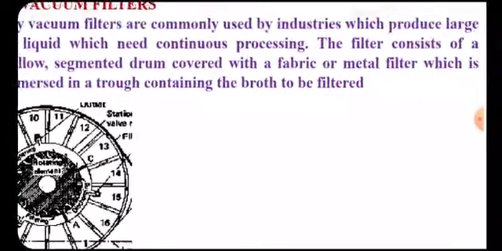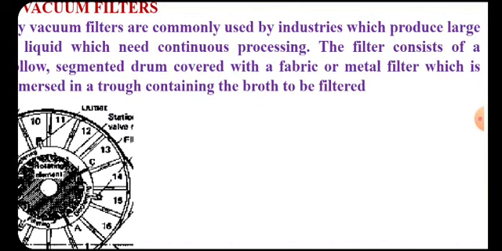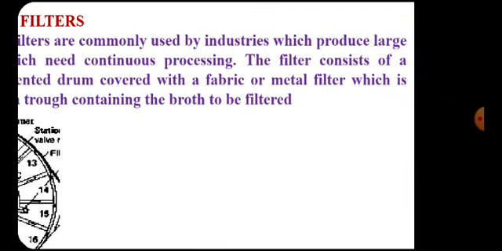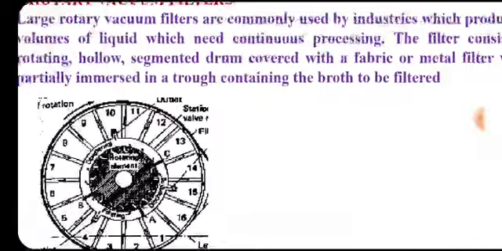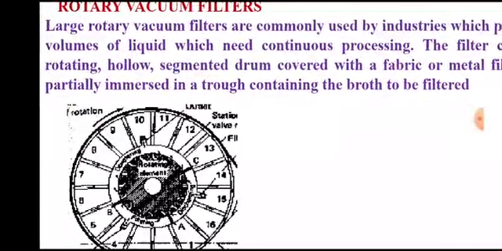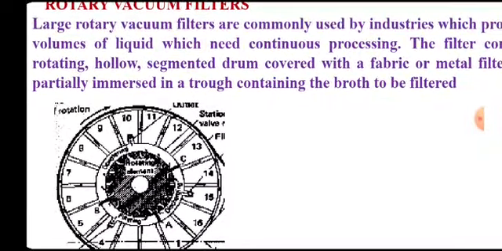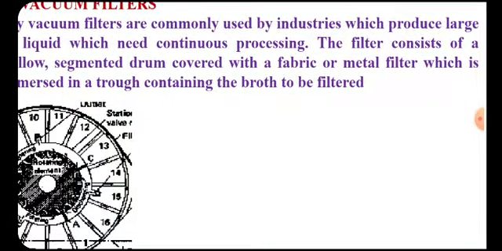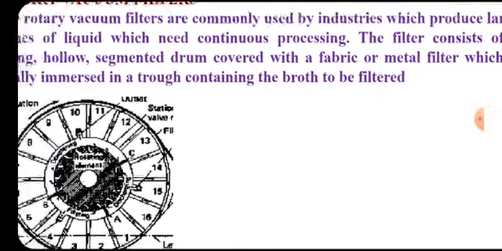Whenever there is a need for processing of large volume, then continuous processing is necessary, where these drum filters are highly useful. The filter consists of a rotating hollow segmented drum covered with a fabric or metal filter.